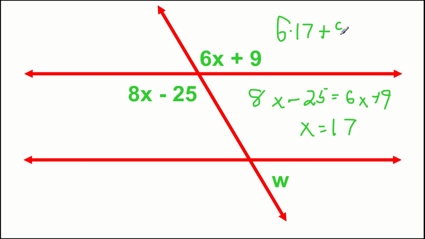Greg, what'd you get? 111's correct. 6 times 17 is 102 plus 9 is 111. All right. Anybody not sure on the 111?